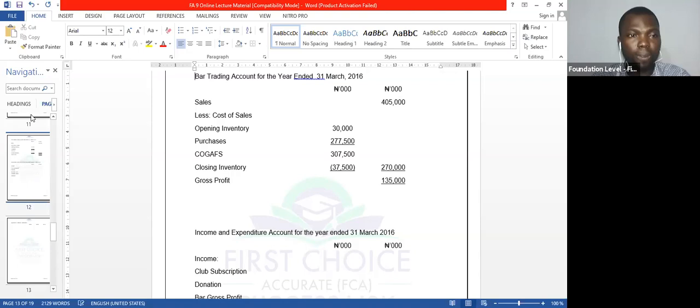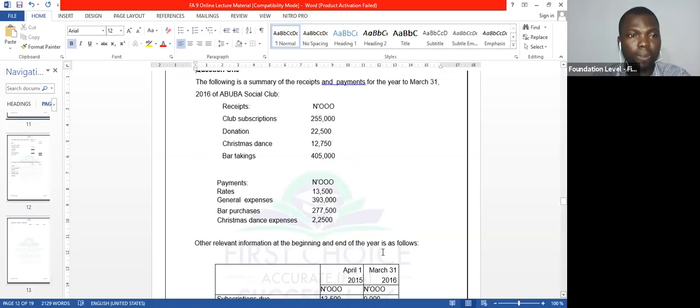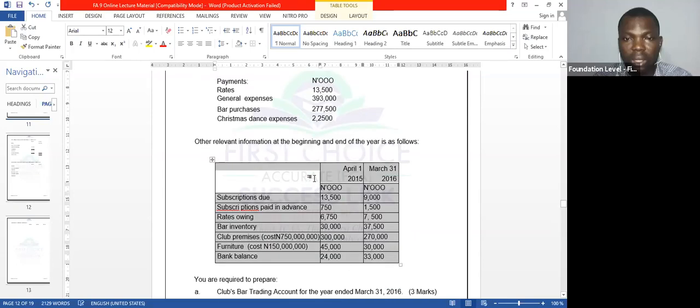It says that all relevant information at the beginning and end of the year is as follows. The first one that we have there is subscription due. We have 13,500 as the opening balance, while the 9,000 is the closing.